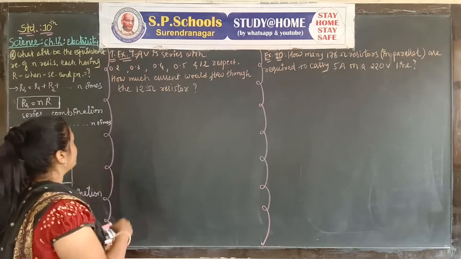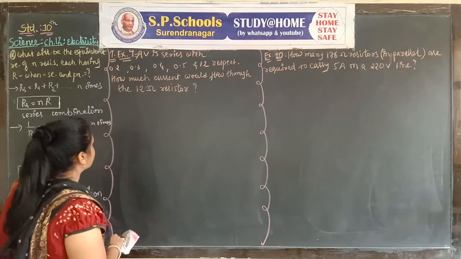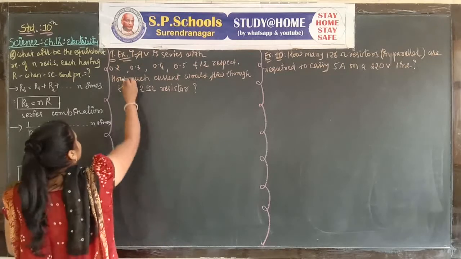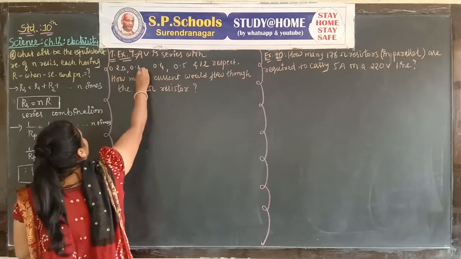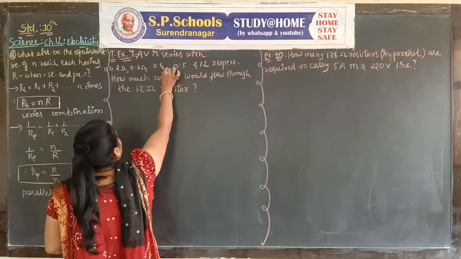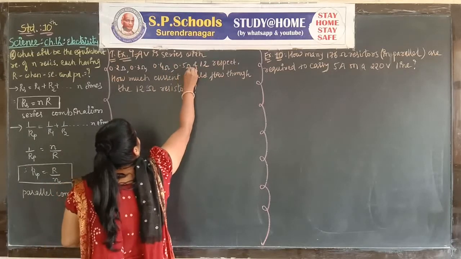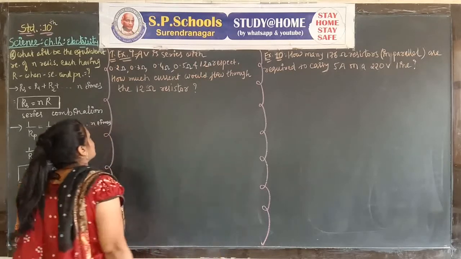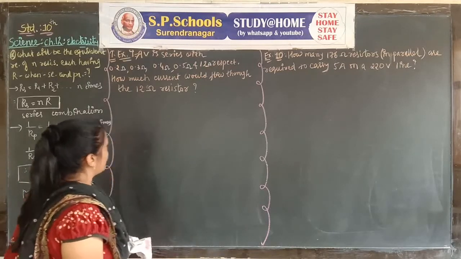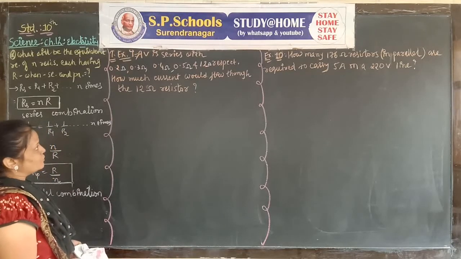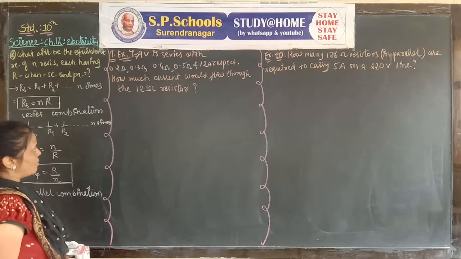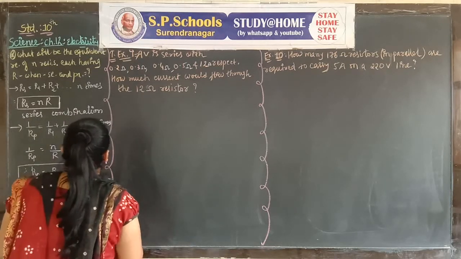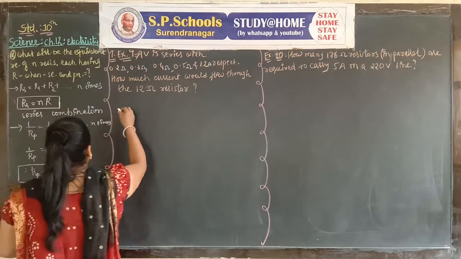If a 9 volt battery is connected in series combination with 0.2 ohm, 0.3, 0.4, 0.5 and 12 ohm resistors respectively, how much current would flow through the 12 ohm resistor? Here we are already aware of the formula of Ohm's law.